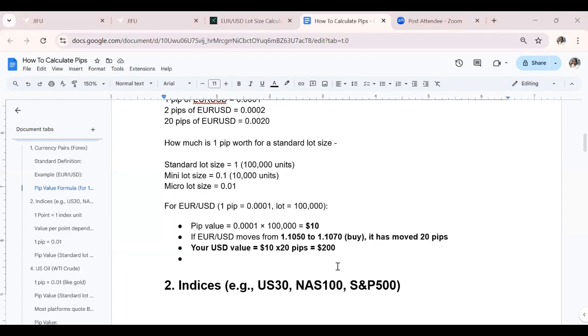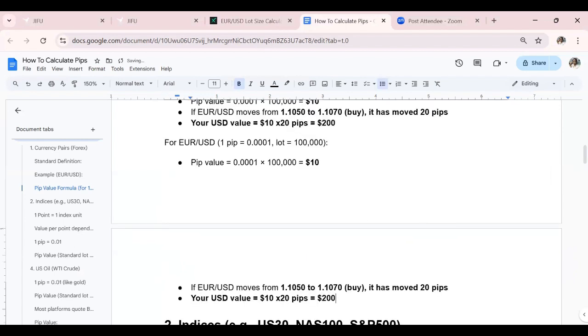I think I spotted something wrong in your calculation, the second one. You say for the mini unit that 1 pip is equivalent to $1, which is correct. Then you said 20 pips is equivalent to $2.